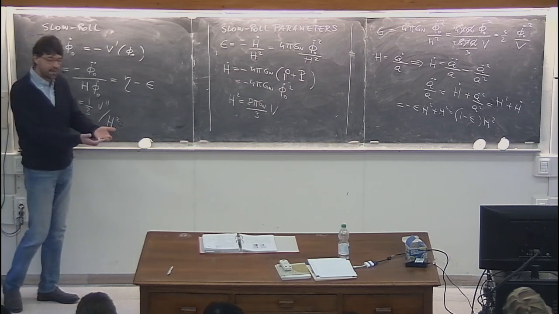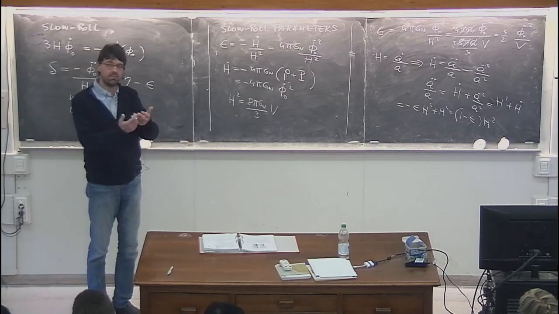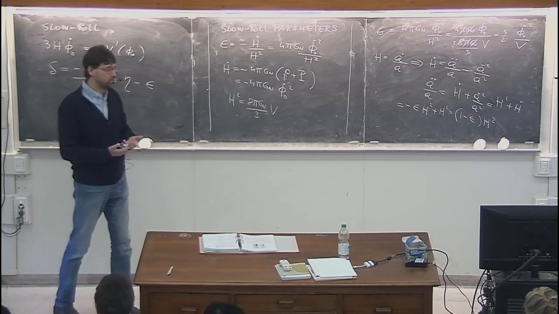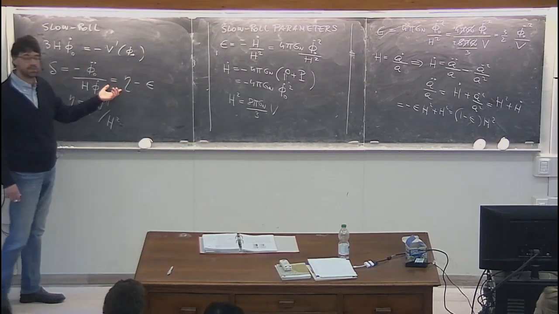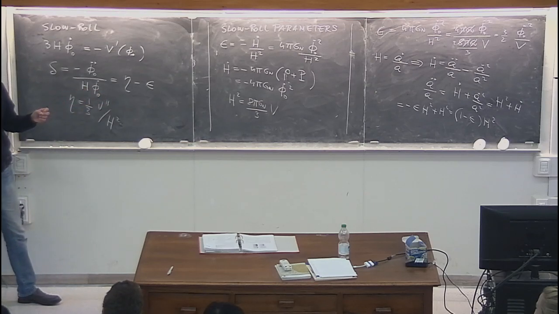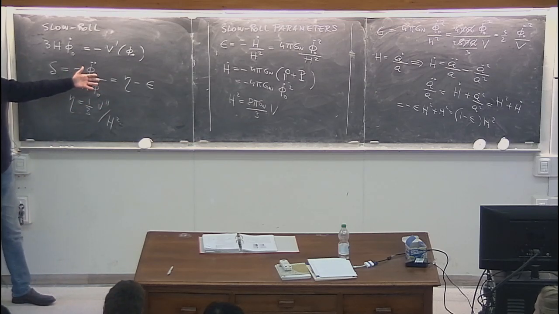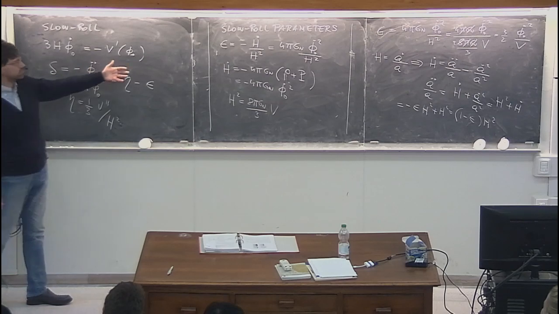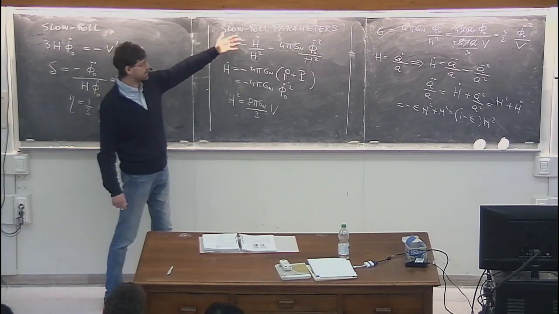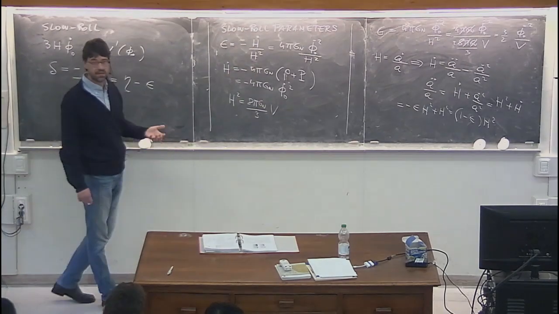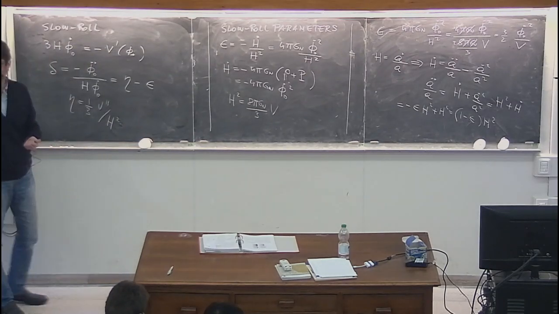The observables will be measured in experiments, then you can go back and compare to your prediction and see if it is correct or wrong. So those parameters are not only parameters that you use to see if slow roll is attained, it's something more than that. So please keep that in mind.